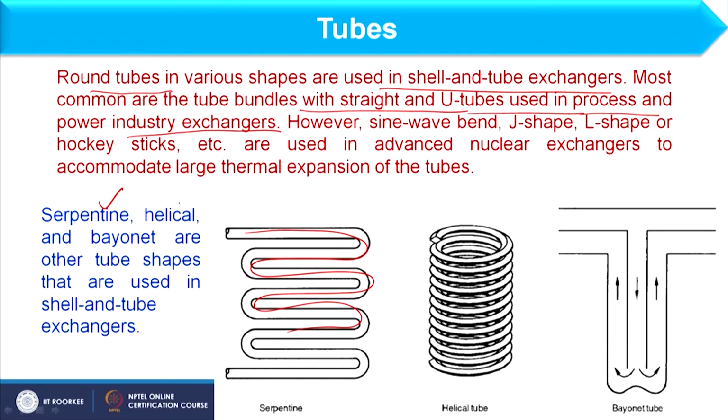We have helical tubes like this, and this we also discussed in classification where pipe coils were discussed, and we have bayonet shape also, as you can see from this image. And these are some other tube shapes that are used in shell and tube heat exchangers along with straight, U tube, sine wave bend and J shape tubes.